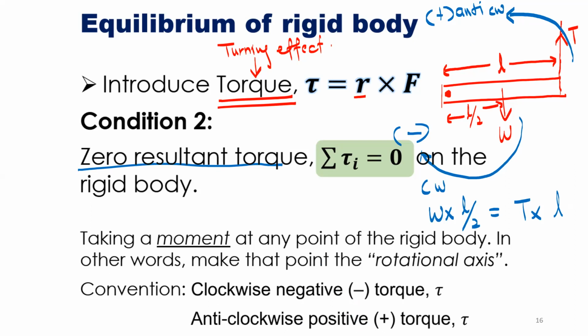Anyone? Your teacher mentioned to you? No one. Anti-clockwise is upwards direction.